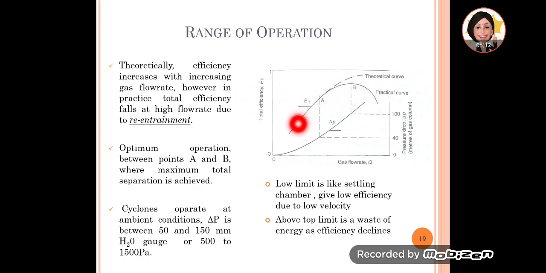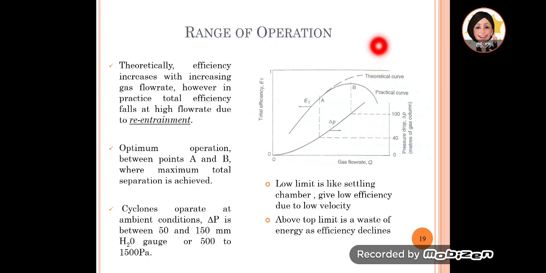When it's operating between A to B, that is the max optimum operation, wherein the dust is separated to the bottom and the gas flows to the top. But beyond this point, re-entrainment means the solids get carried away with the gas that is leaving the cyclone, because the flow rate is too high, so there's high turbulence, and the particles get enough energy to leave with the gas.